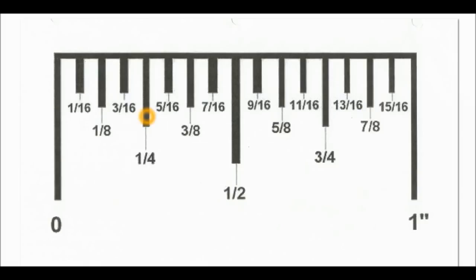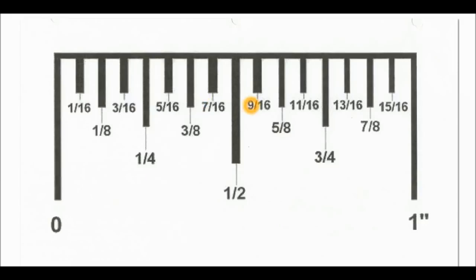Then the third longest lines are your fourths. You only have 2 of those, 1/4 and 3/4, and then the longest line in a 1-inch space is a 1/2 inch.